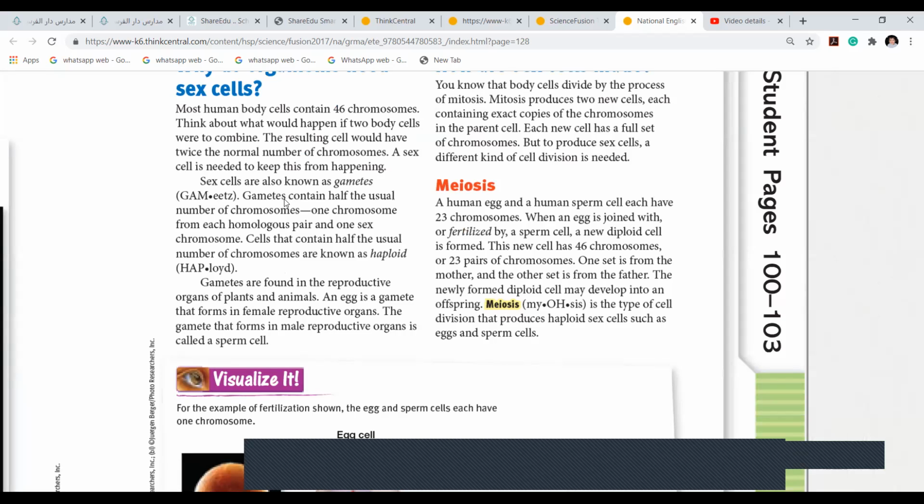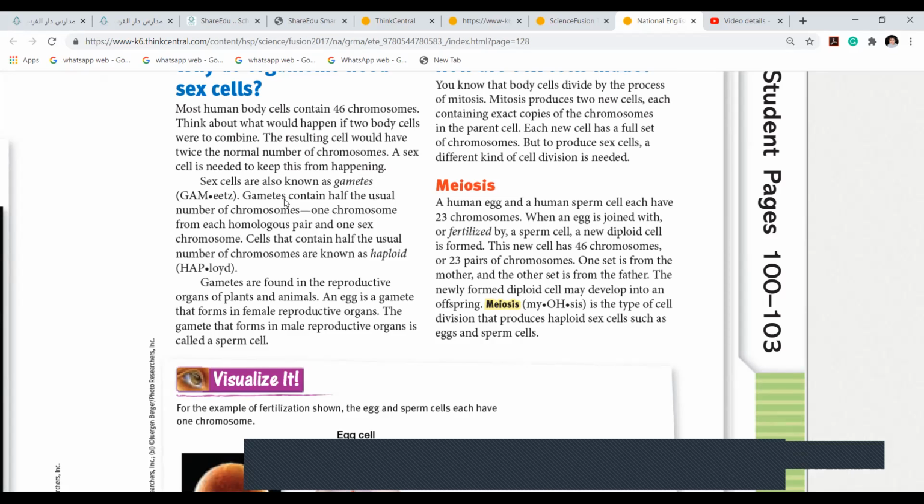Total how many? 23 set, 23 pairs, that means double, 46 chromosomes. If somebody asks you in your life, how many chromosomes do you have? You will say, I have 46. If they ask you how many pairs of chromosomes you have, how many sets, you will say 23. Is this clear?